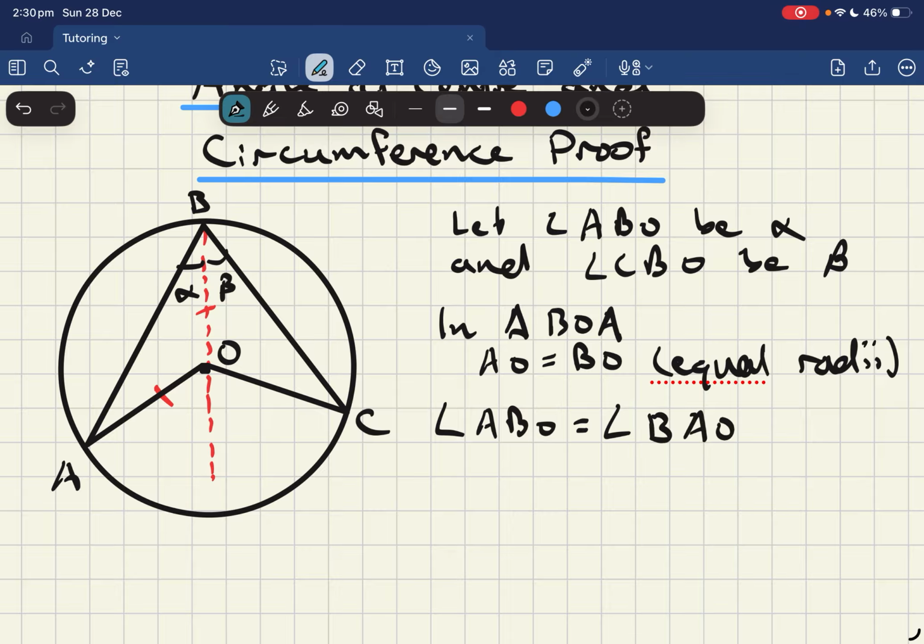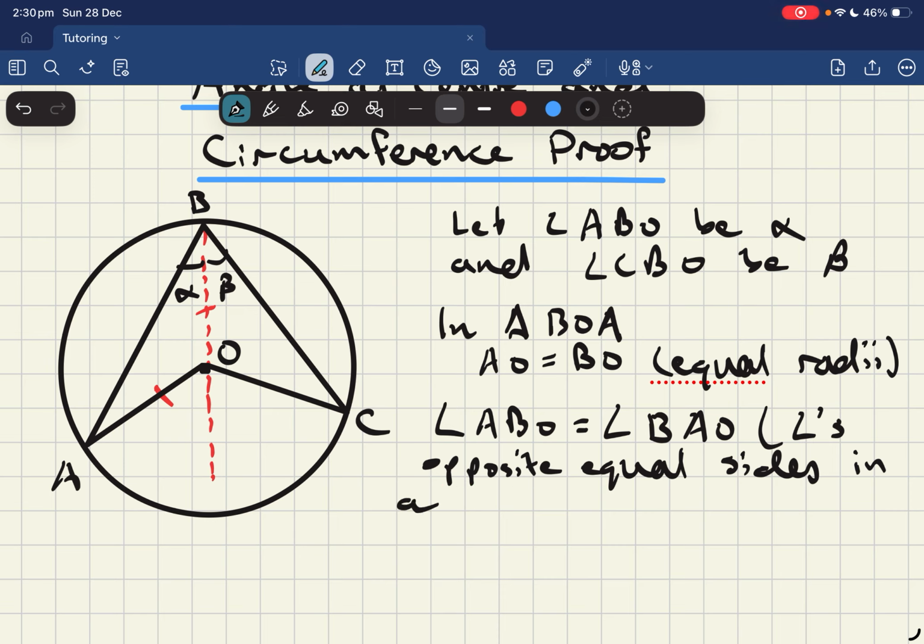And the reason is that these are angles opposite equal sides in a triangle. So we can say angles opposite equal sides in a triangle are equal. Okay, so with that in mind, we can say that this one is alpha as well.